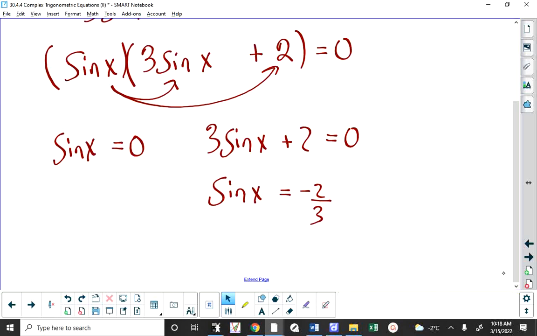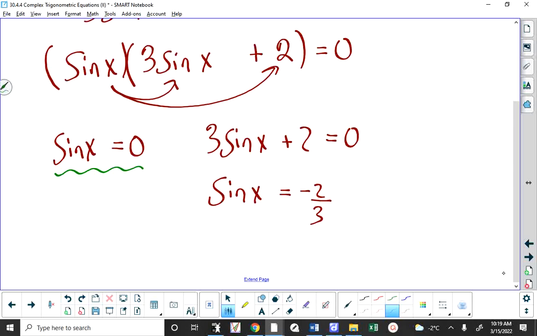Personally, I wouldn't need to use my calculator for this. Because I'm dealing with sine, I'm looking at the y coordinate on the unit circle.